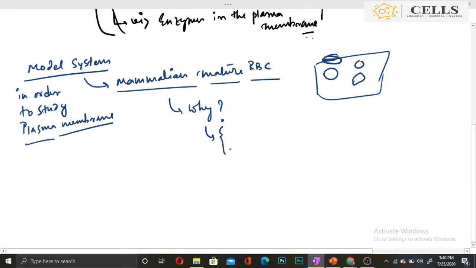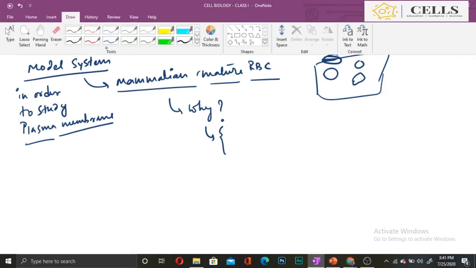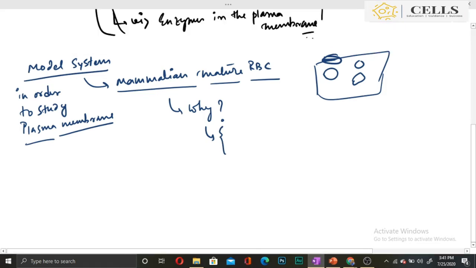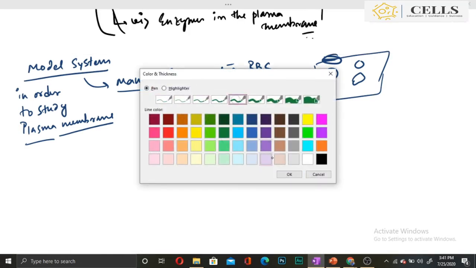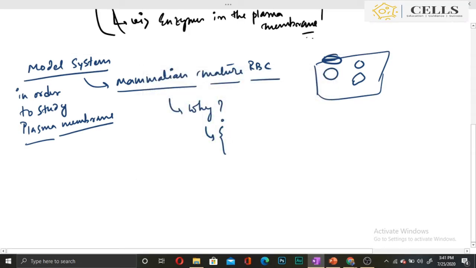Write the answer: as the RBC cell is not contaminated with other organelle membranes.